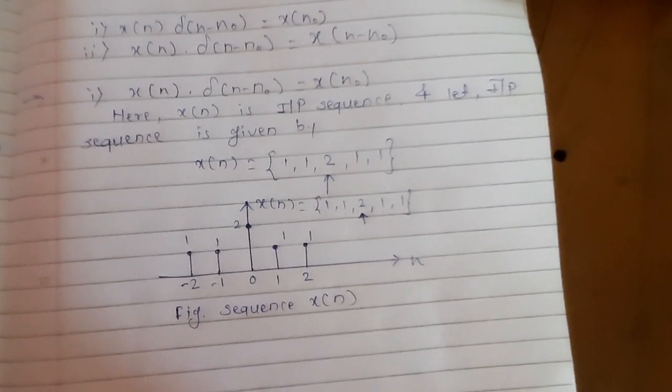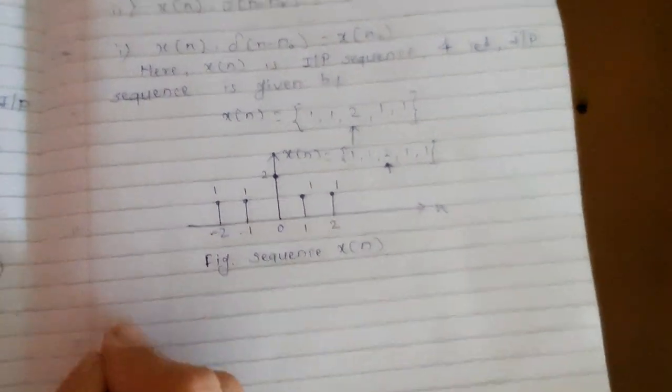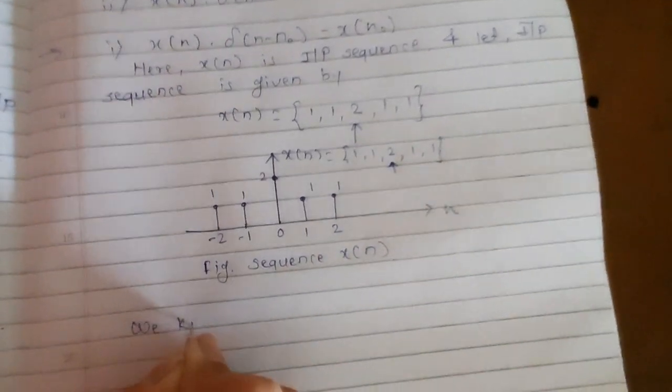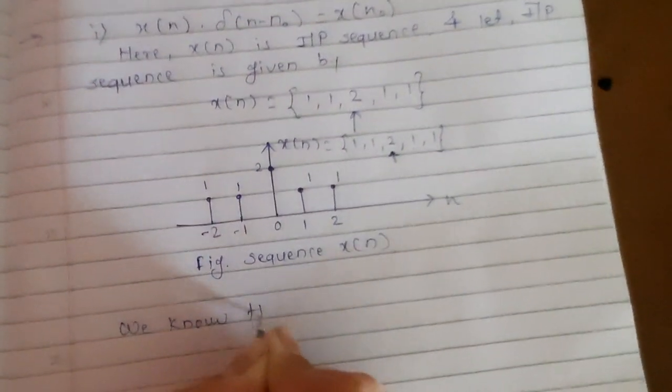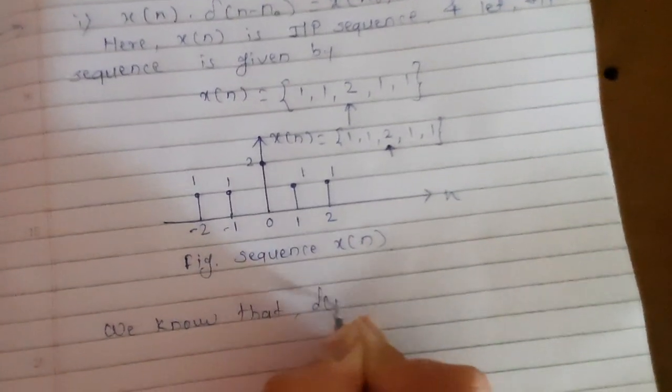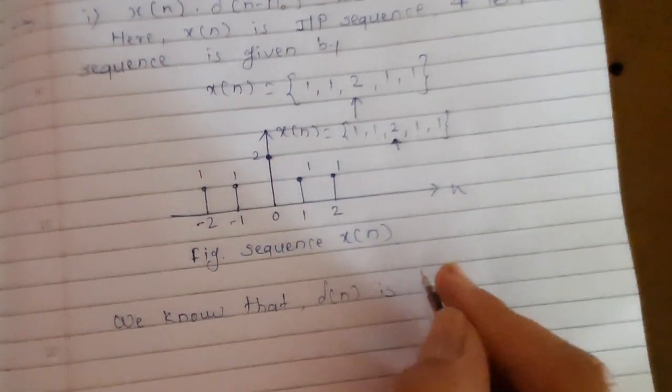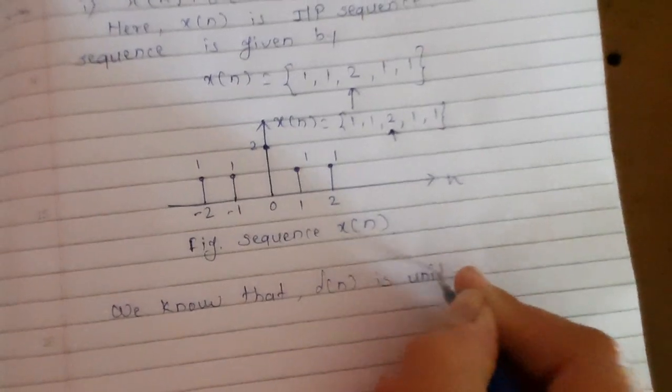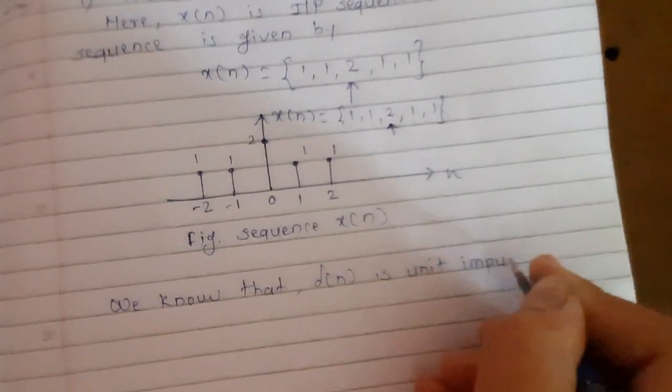Now the next part: we know that delta n means unit impulse. So we write the equation for this.